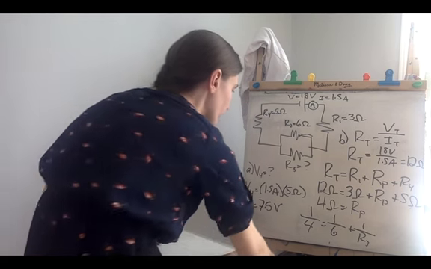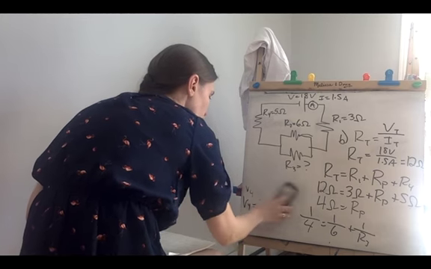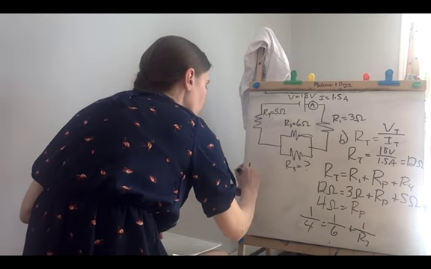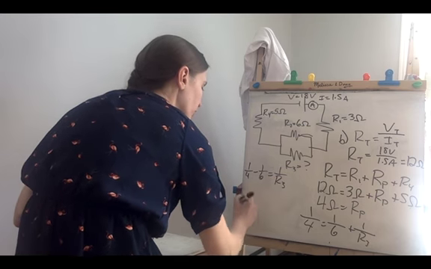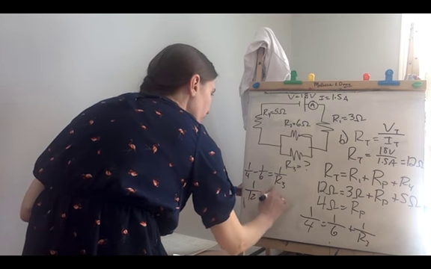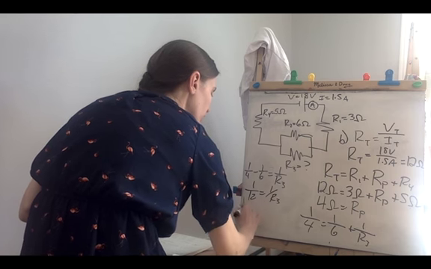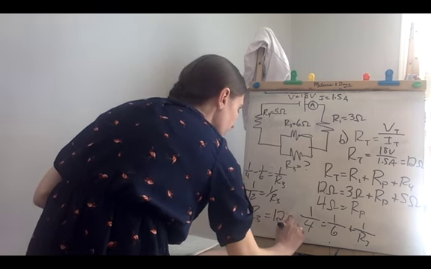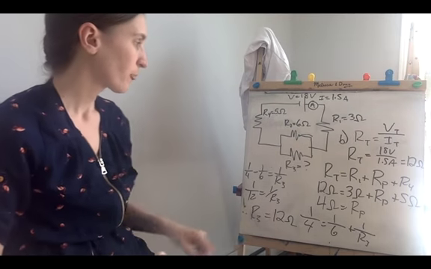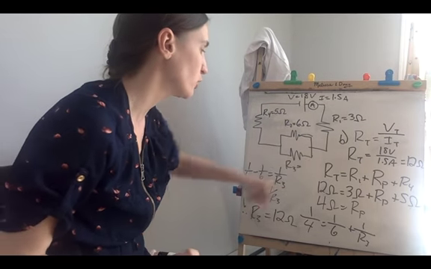So 1/4 minus 1/6 is 1/12, which is 1 over R3. Therefore, we can conclude that the resistance of R3 is in fact 12 ohms. Now we know that this is a value of 12.